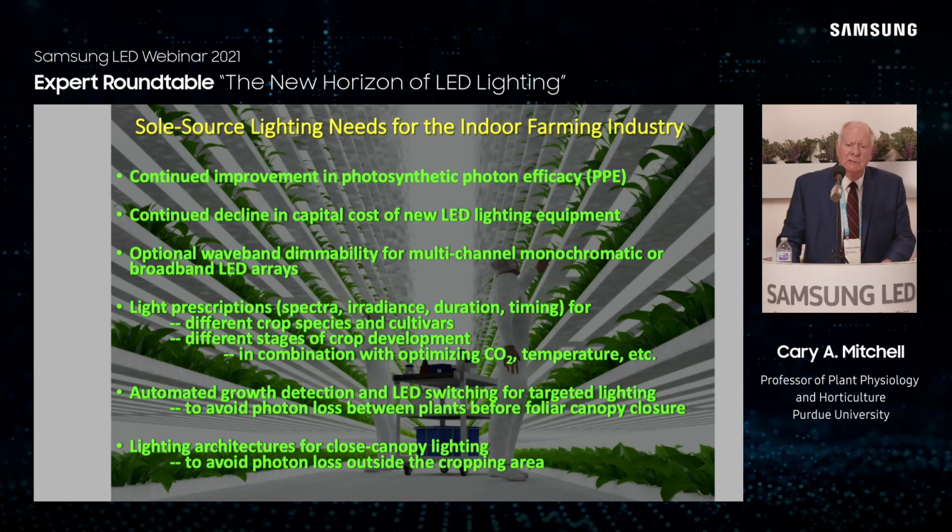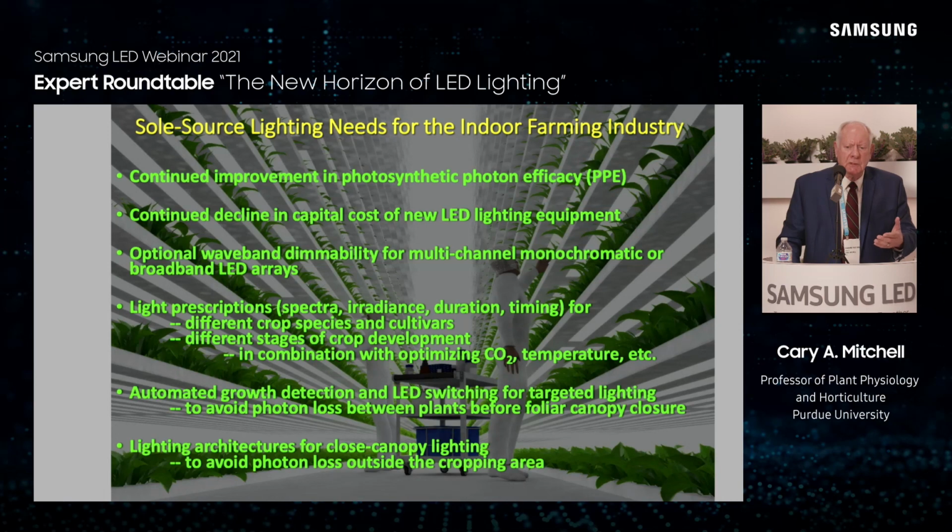So the sole source lighting needs, if we summarize them for the indoor farming industry: continued improvement in PPE is needed, continuous decline in capital cost of new LED lighting equipment is needed, and it's happening. I think down the road, we want to look at optional waveband dimmability for multi-channel monochromatic or broadband LED arrays.